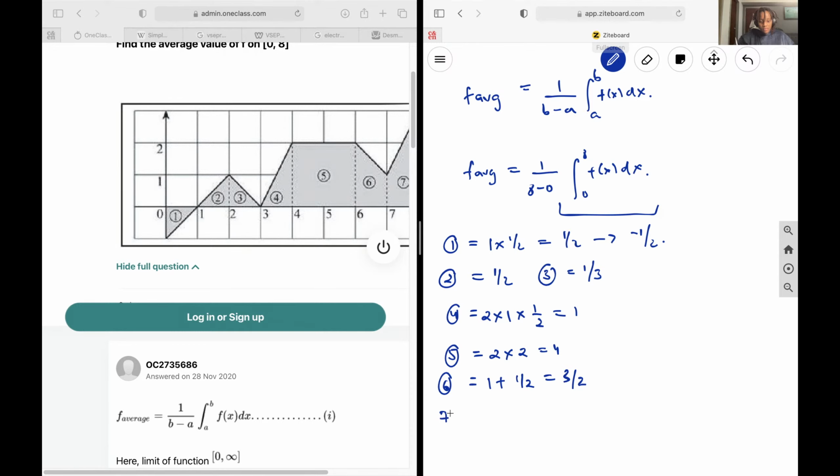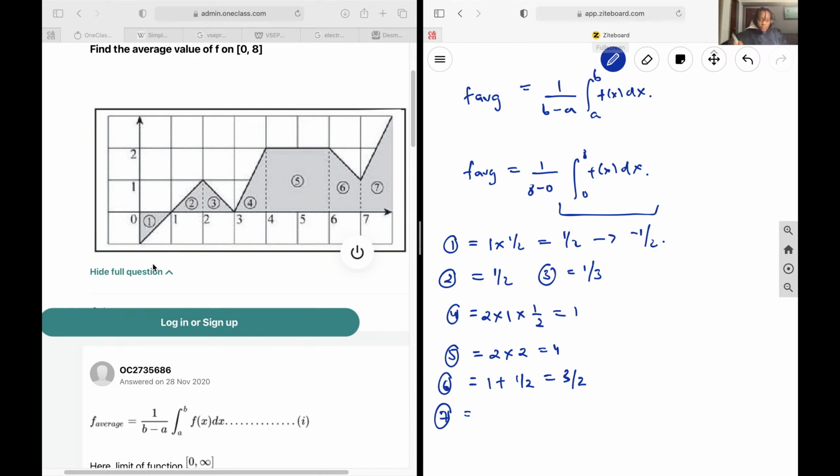And lastly, area 7 is going to be 1 plus the same thing here, so 1 plus 1, giving us 2. This means that the area under the graph from 0 to 8, the integral of f of x dx, is going to be 1 plus 2 plus, you just add all of them up until 7.